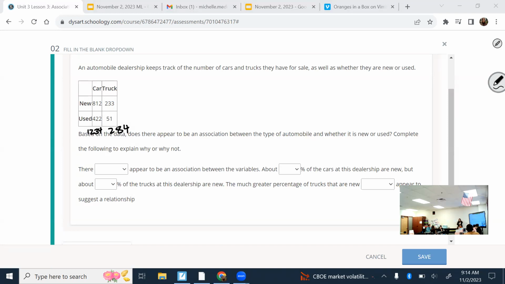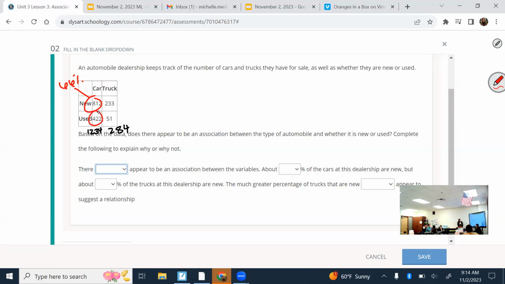Times it by 100%, you get about 66%. And then here you could either do 100 minus 66 to get the other percent. Or do the 422 divided by 1234. And that's about 34%.